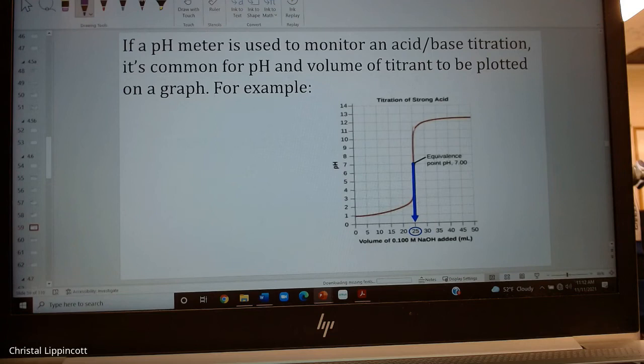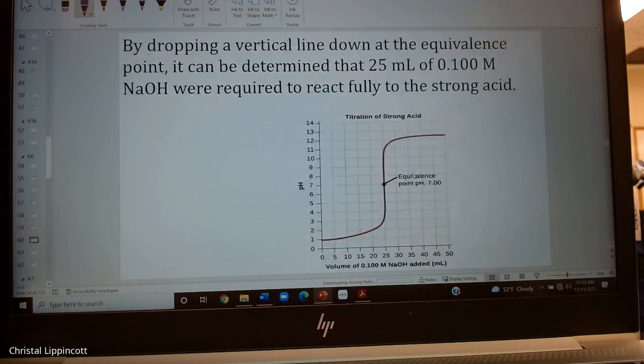When that guy is a straight line, if you follow that down to the volume that you've dispensed, that's going to tell you where your equivalence point was. If you're looking in terms of pH, if you take this and you divide this up equally, then that's going to tell you where your equivalence point was in terms of pH. So like I said, you drop the line down here. That's going to give you your volume for that.